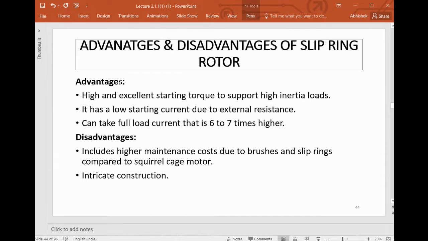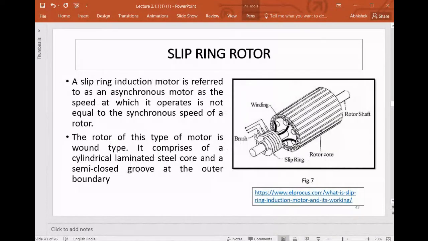So what is the first advantage? High and excellent starting torque to support high initial load. It has a low starting current due to the external resistance. When you connect the external resistance right here, these are the slip rings, and these slip rings are connected with the brushes, and these wires need to be connected with the external resistances.